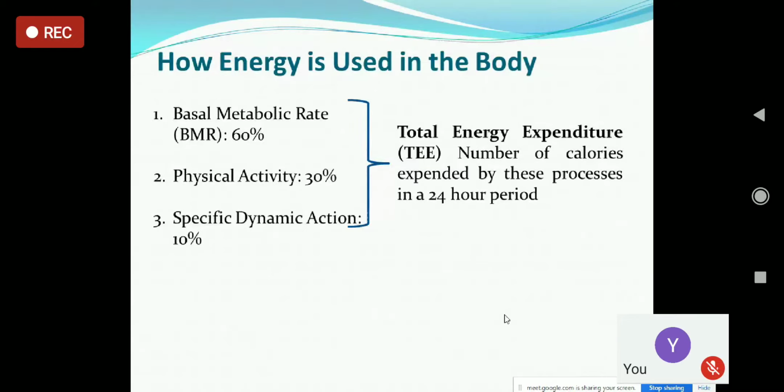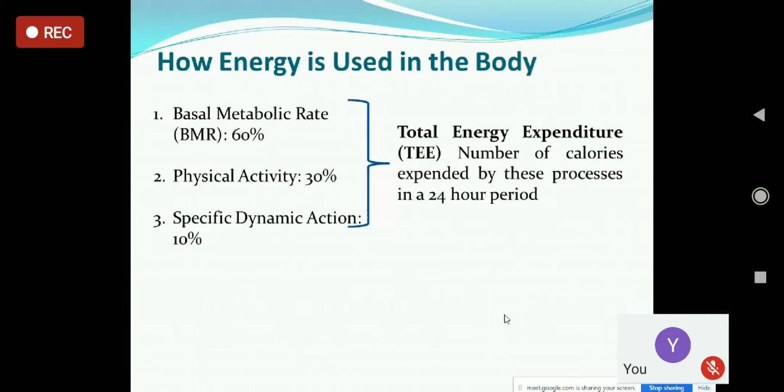First is to maintain the basal metabolic rate, which consumes about 60% of the total energy. Next is to perform all the physical activities, which takes about 30% of the total energy. And lastly, it is specific dynamic action or thermic effect of the food, which requires about 10% of the energy.